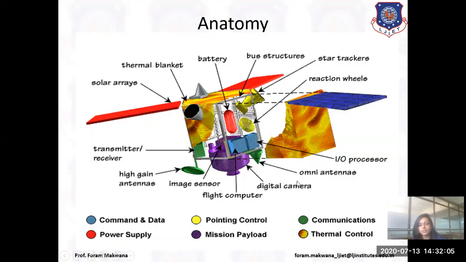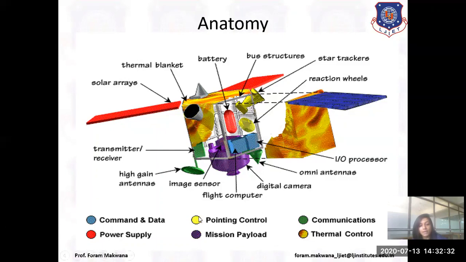Then processor, omnidirectional antennas, digital camera to capture the image, then bus structure, battery, thermal blanket. Over here, each and every portion is identified with different colors. Blue defines the command and data, meaning to give a command or to retrieve data from the satellite.